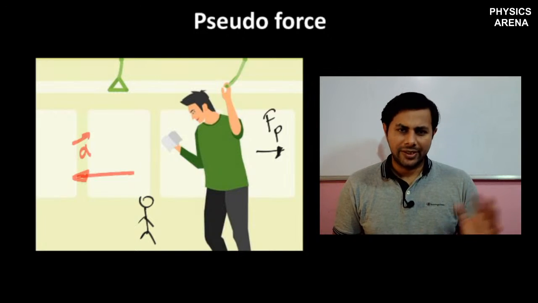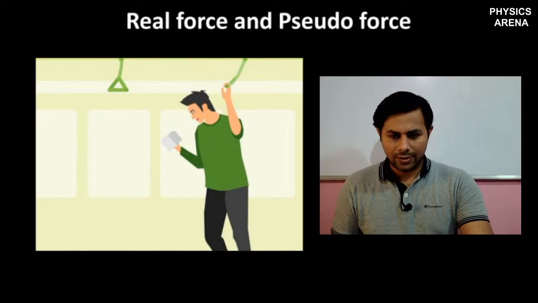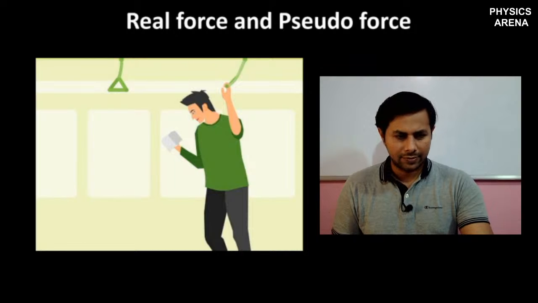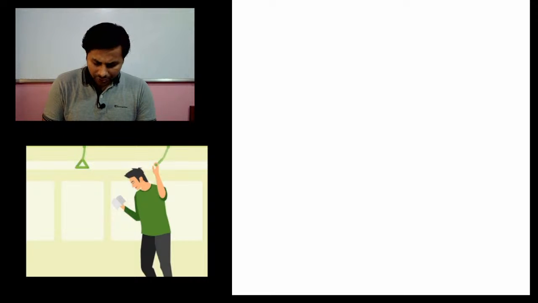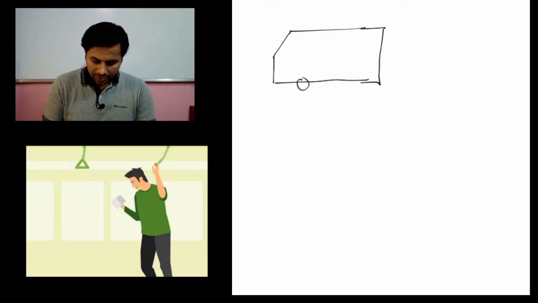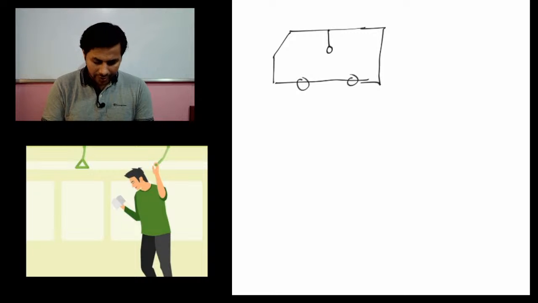All right, so let's see some more examples of pseudo force. Let's suppose we have a bus like this, and there is a ball connected to a string, hanging from the roof of this bus.